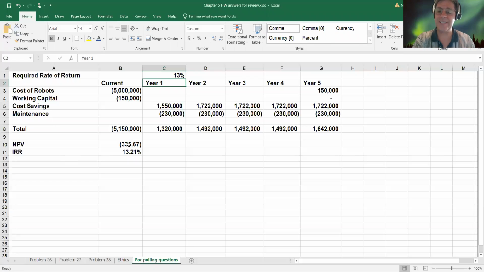So if NPV is 0, that means the required rate of return and the IRR are the same. All right. So the answer would have been 12%, right? It won't be different from the required rate of return.